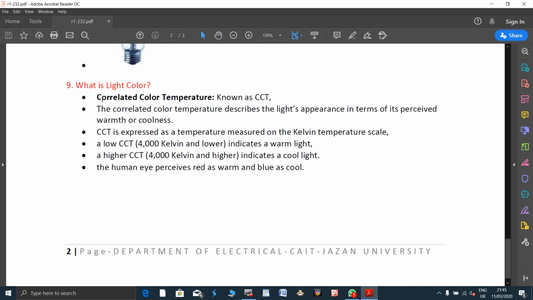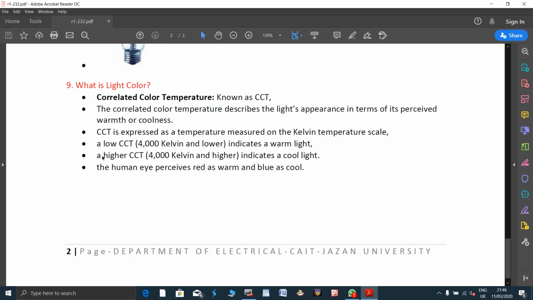This is what is termed as light color, and it can be expressed as a temperature measured in Kelvin. For example, a low CCT, that is correlated color temperature, will have 4000 Kelvin and lower sort of light, and a higher CCT will have very cool sort of light which is used for study purpose and so forth.